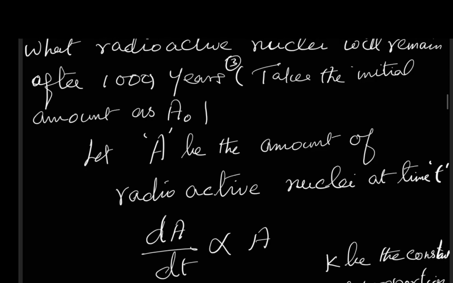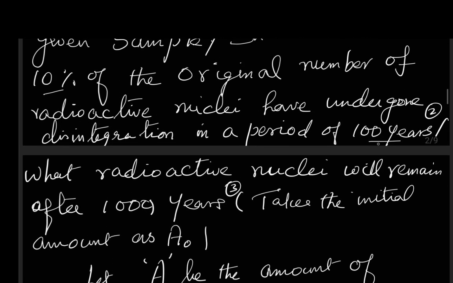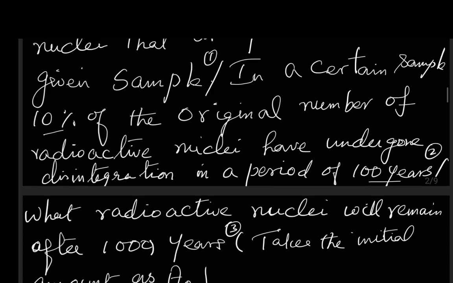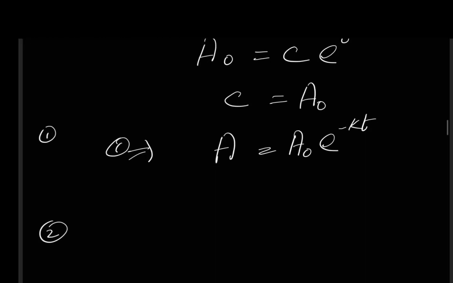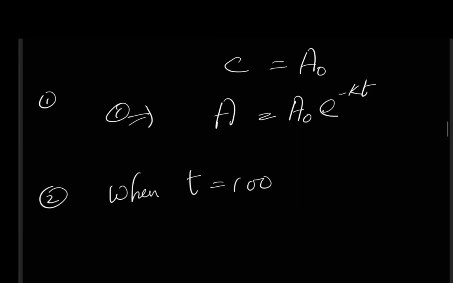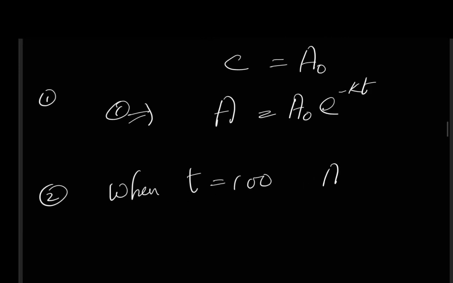Come to the second part. They gave 100 years. In 100 years, 10% of the original amount of radioactive nuclei have undergone disintegration. So when t is equal to 100 years, only 90% of A0 exists.